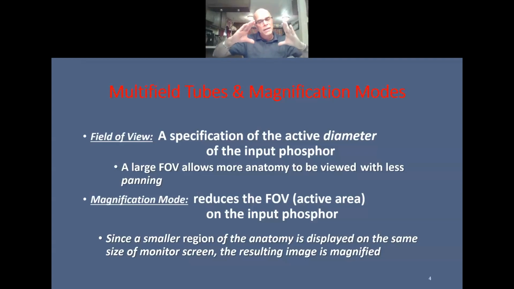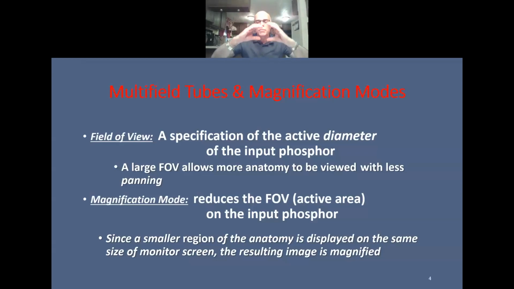We're using less of it. So, of course, less X-rays will be involved. Less light will be emitted from the X-rays. Less electrons will be emitted from the light. So that in itself is going to do what to the brightness? It's actually going to reduce the brightness because we got less energy.